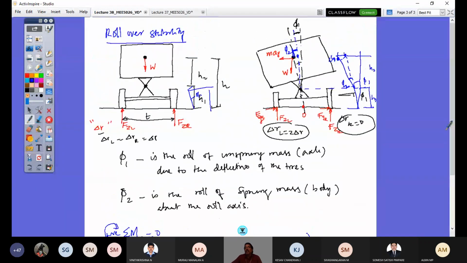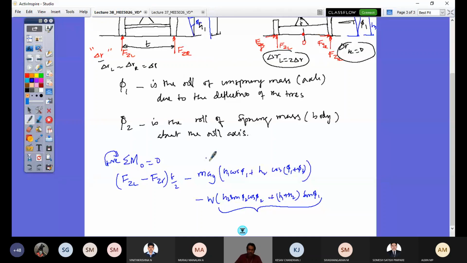This distance is h1 sin phi 1, whereas this distance here is h2 sin phi 2, and its projection on that is cos phi 2. So this is h2 sin phi 2 into cos phi 2. The sum is this distance, and that's what is written here. This sum of the three moments is equal to 0 at equilibrium, at dynamic equilibrium.